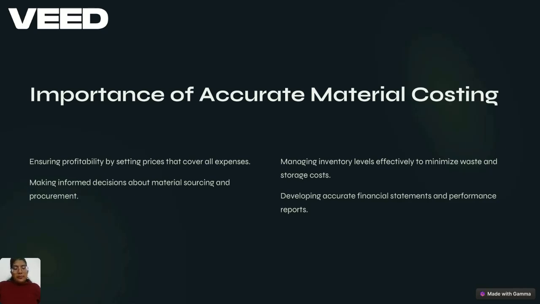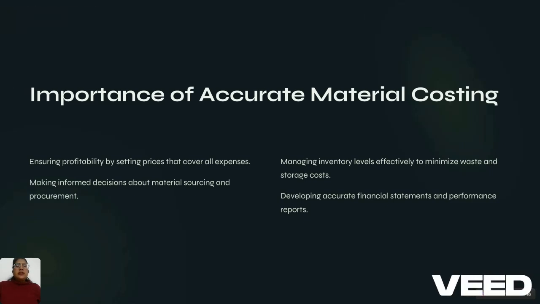So the point is why material costing is necessary: it is of paramount importance to know the cost of the product, because the manufacturer is ultimately going to add a profit percentage and sell the product after adding the profit percentage, or reducing the loss.